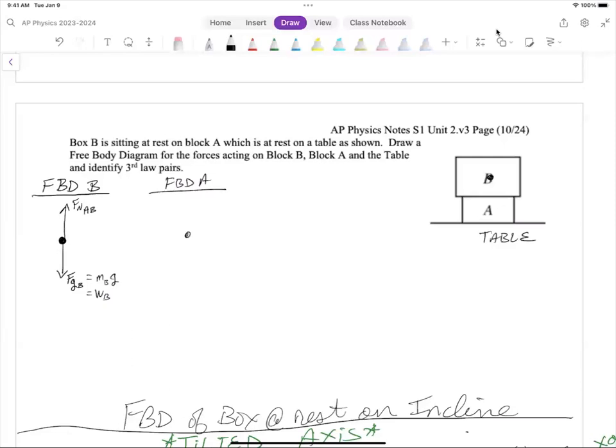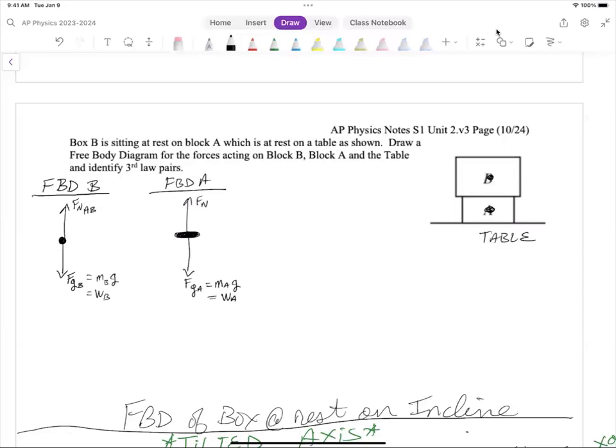Free body diagram on A. This is the center of mass of A. Now let's draw the forces acting on A. I've got the Earth acting on A: the force of gravity acting on A, which equals the mass of A times little g, which is also equal to the weight of A. I have a force normal upwards.